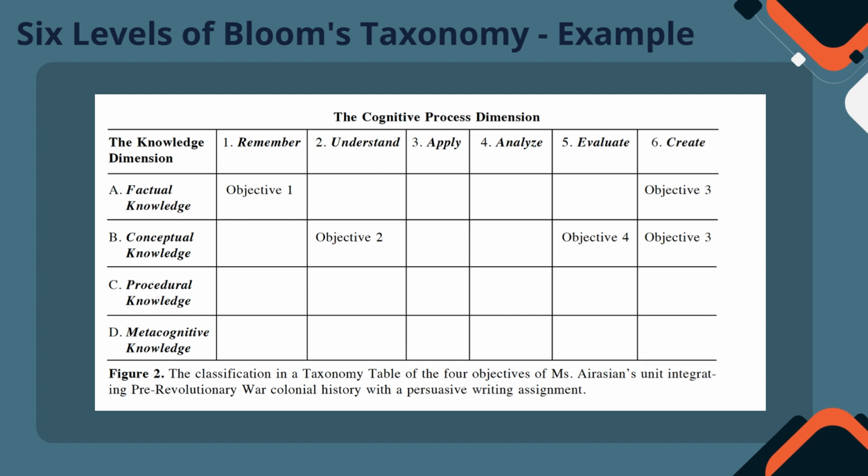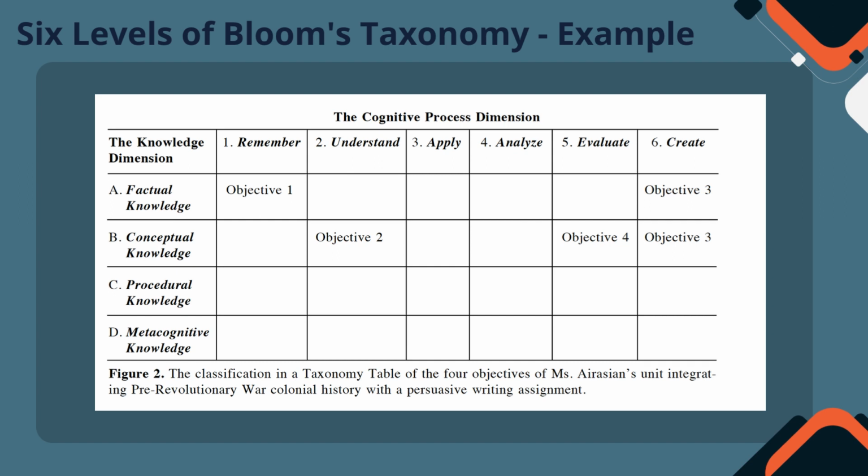So, with using the word remember, this is clearly the cognitive process, and specific parts of the parliamentary acts is knowledge of specific details or elements, which is a subcategory of knowledge. So, this objective is placed in cell A1 under remember. So, again, the first objective addresses the cognitive process of remember.